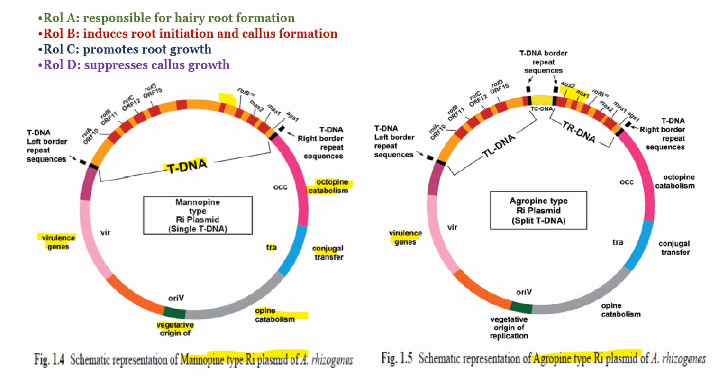Here the tDNA is a single tDNA, while here the tDNA can be split into two regions. Here you have a left border, here you have a right border, while here again this can be differentiated into the left tDNA region and the right tDNA region, as we discussed in the previous slide.